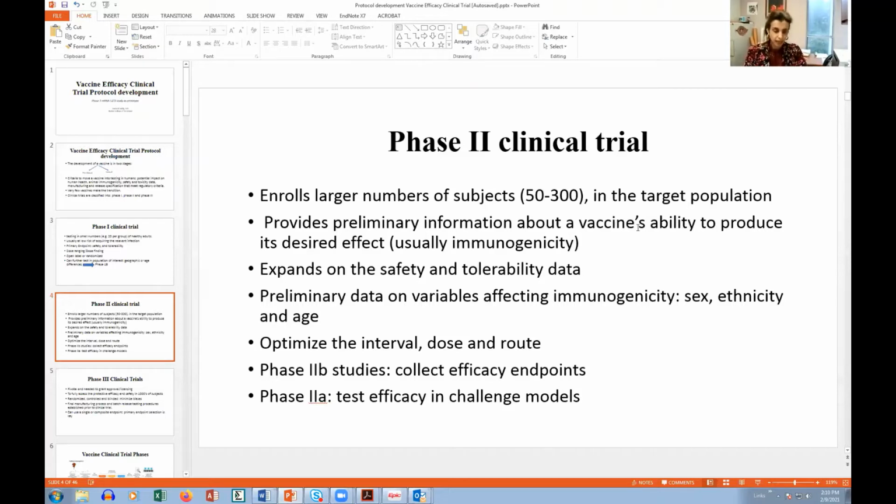Phase 2A usually tests the efficacy of a particular vaccine in a challenge model, and that is sort of an up and coming approach. It's been done previously, of course, especially with malaria and other pathogens, but within the VTUs, this is likely to become a sort of a priority way of testing.